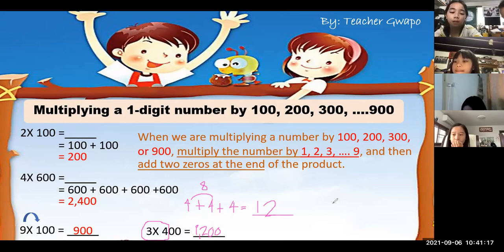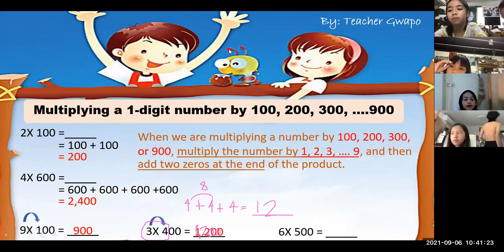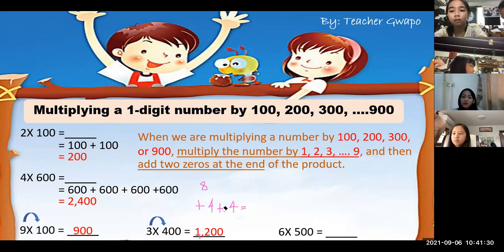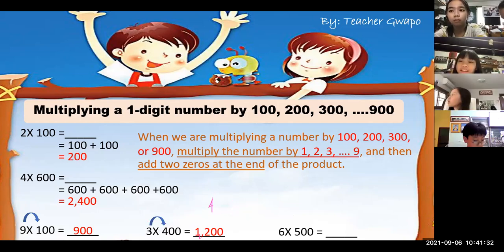Okay, another example here. That's the answer in this question. Now 6 times 500. So we will just multiply 6 and 5. Now I want to ask Rita, 6 times 5 is? 6 and 5. 6 times 5.